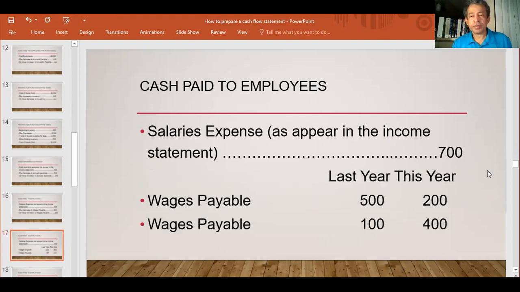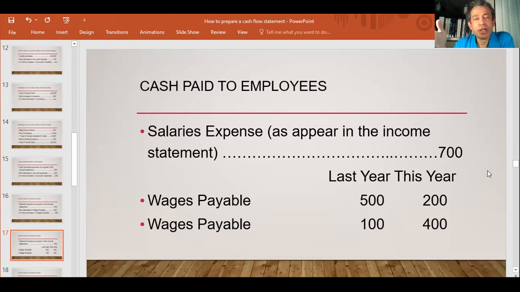Let's look at it from the change point of view. So wages payable last year was $500 and this year was $200. So of course, salaries expense, the base amount is $700. Going down, my first column was last year.